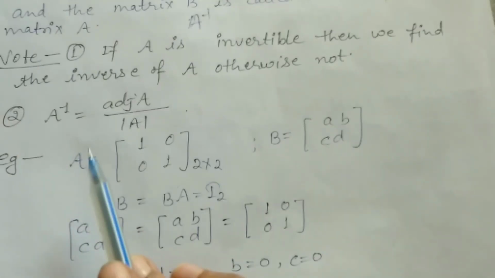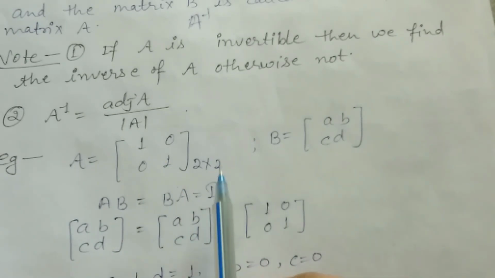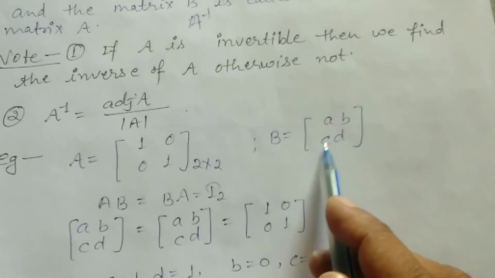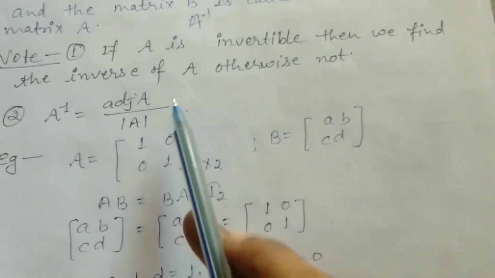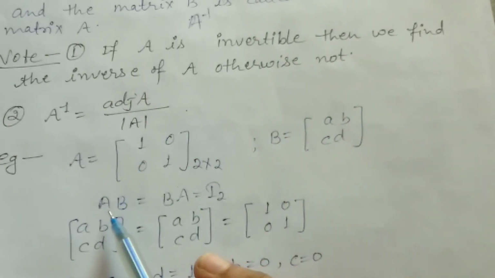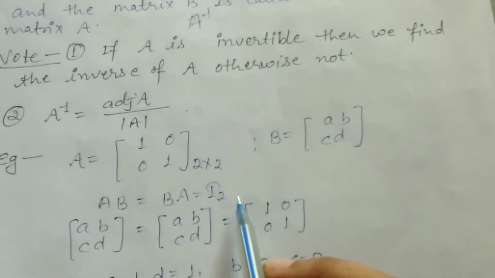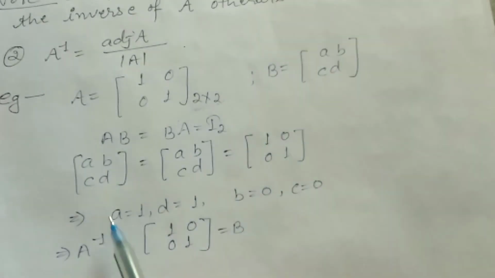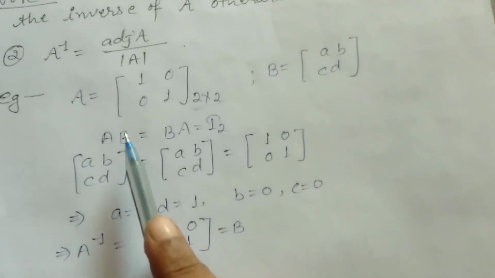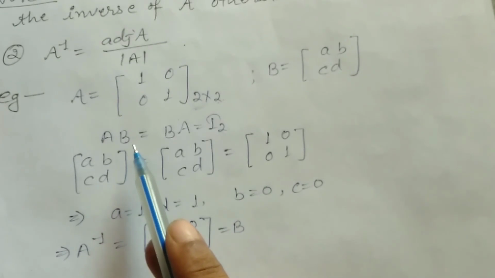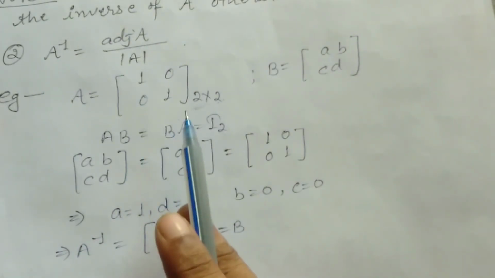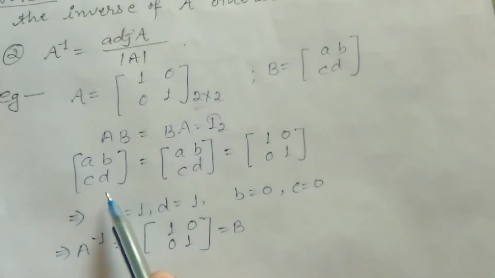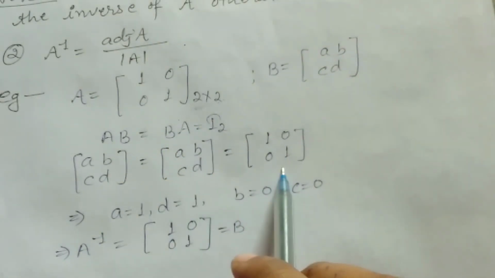Well, let A equal [1, 0; 0, 1] be a 2 cross 2 matrix and B equal [a, b; c, d]. Okay, so for the inverse of the matrix, by definition, AB equals BA equals I2, because this matrix is of order 2. Here A is the identity matrix, and we know that when we multiply any matrix by the identity matrix there is no change. So this matrix equals this matrix equals this matrix.